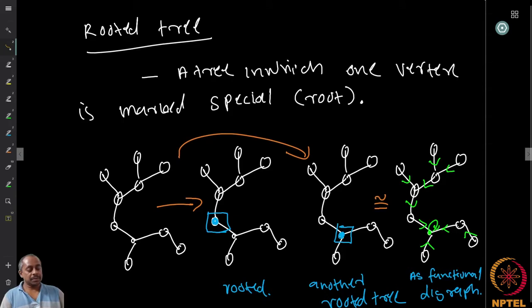Now, because of this, this vertex's neighbors also must have incoming edges, right? So we can follow this argument and show that once you fix a root, all the paths must converge to this cyclic vertex, or the root. So that is how we get the functional diagram. Right?